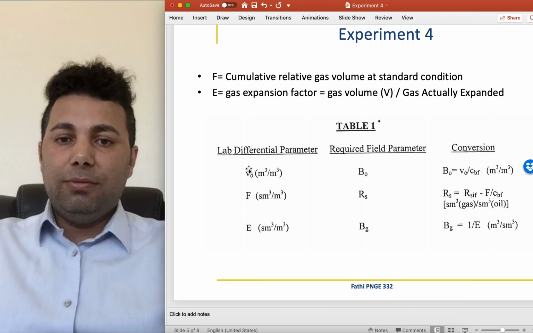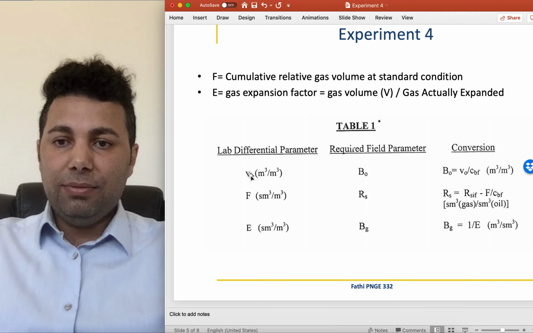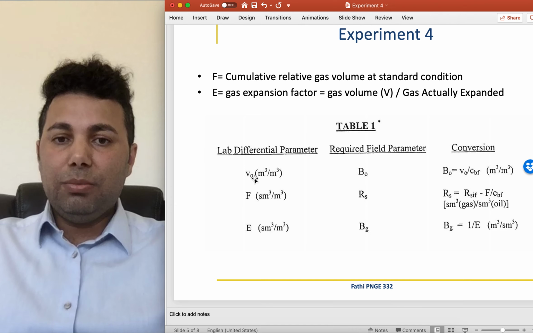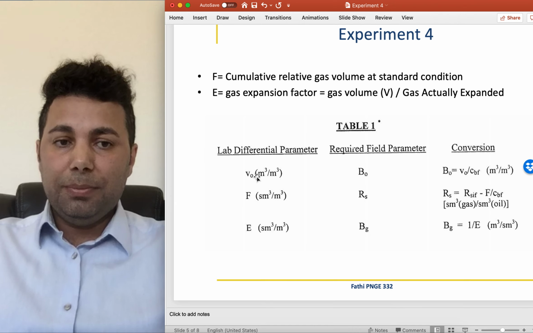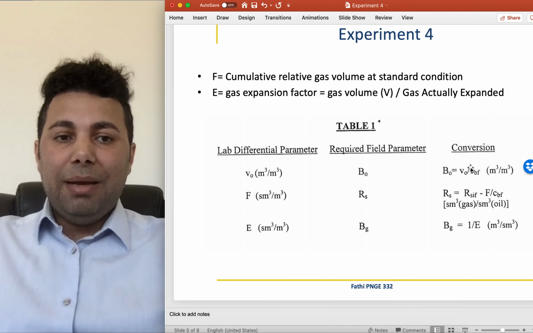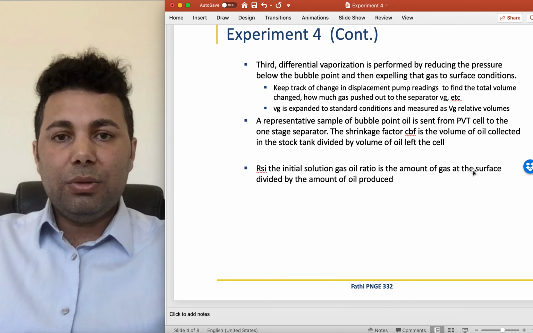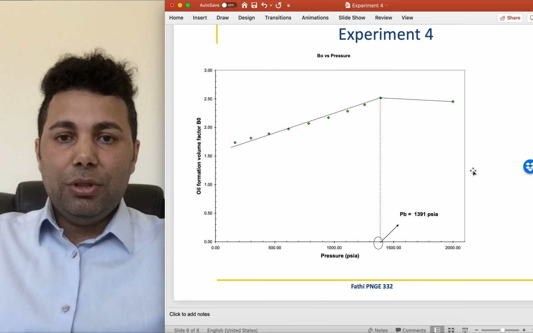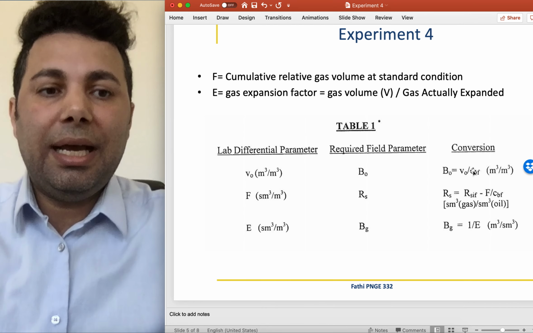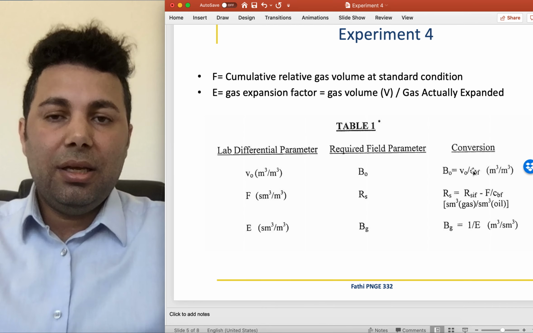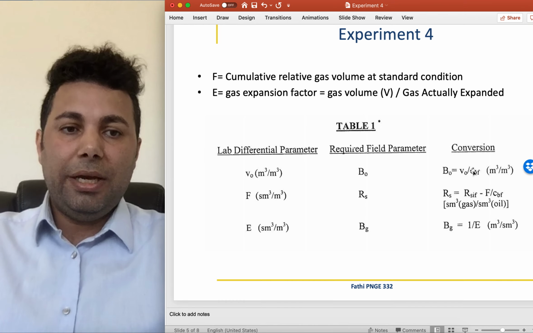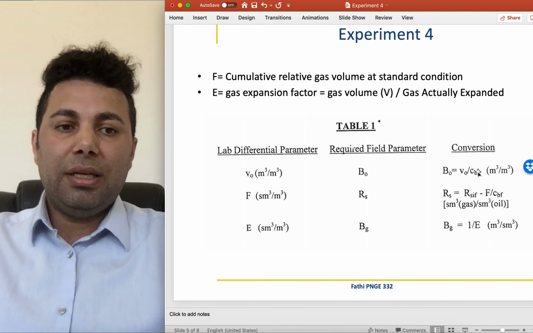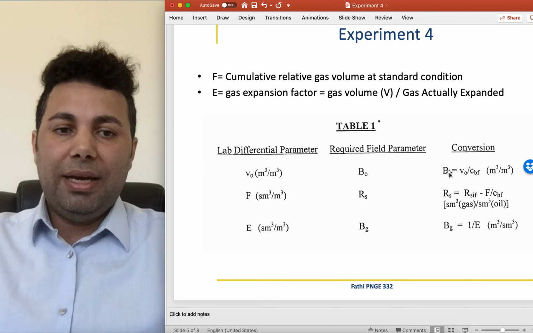That's basically the volume of the oil and the gas at any pressure divided by the volume of the fluid at the bubble point. And then we have this parameter called CBF. The CBF is a compaction factor, which I will show you how to calculate in the instructions. This will be a constant that we will calculate, and then if you have the Vo, we can find the Bo values.